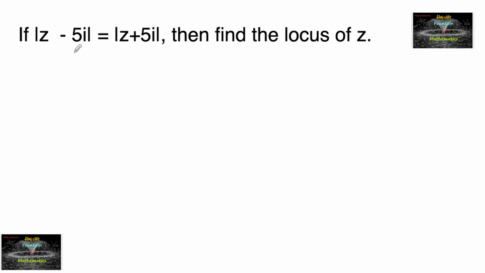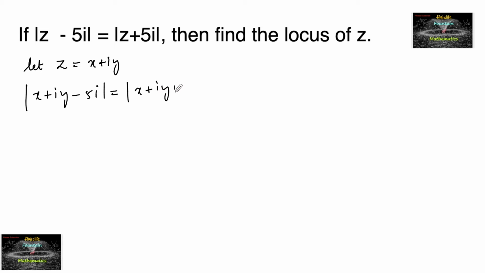If mod of z minus 5i is equal to mod of z plus 5i, then find the locus of z. Let z is equal to x plus iy, so that mod of z minus 5i we can write as mod of x plus iy minus 5i equals modulus of x plus iy plus 5i.